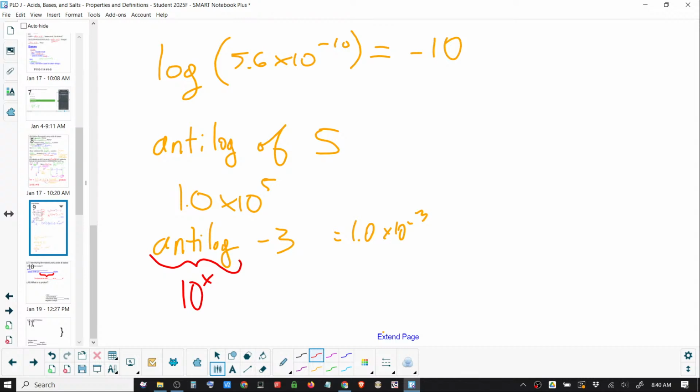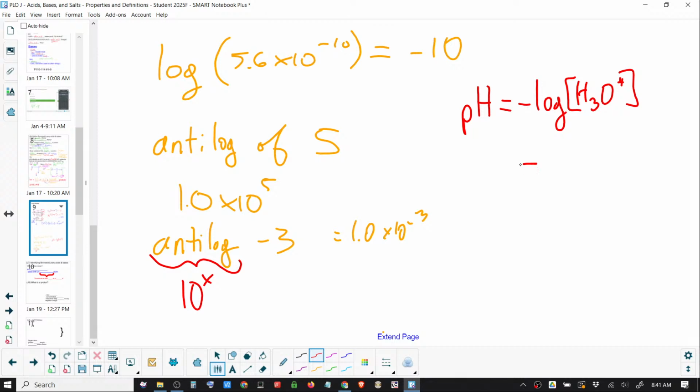The reason I'm introducing logs now is because pH is equal to the negative log of the concentration of H3O+. And the reason you were righter than you knew is because we put a negative sign in that.